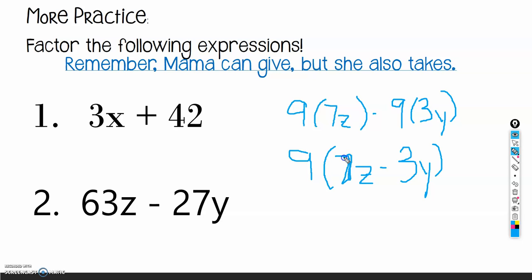That's a weird looking 7. Okay, so let's check our work. 9 times 7z is 63z. 9 times 3y is 27y. So I went and I checked my work to make sure that I was good.